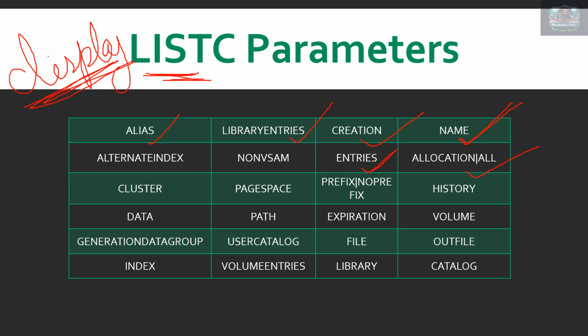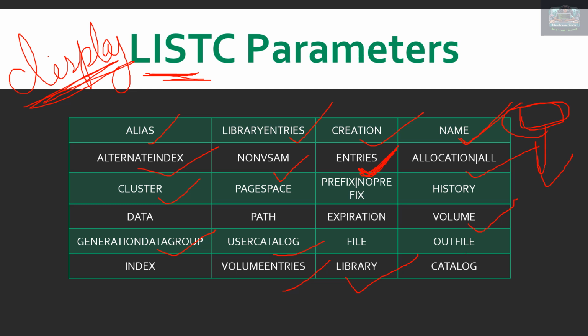The most important one you will be using is ENTRIES: if you give a particular dataset and say ENTRIES, it will give all the datasets under it. You can use the NONVSAM parameter to get all non-VSAM datasets. You can check alternate index, cluster, data, GDG, and user catalog, volume entries. If you need information about a complete library, you can use LIBRARY, and if you need volume information, you can give VOLUME.